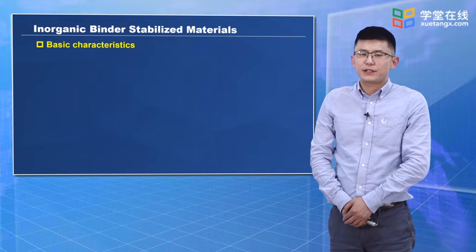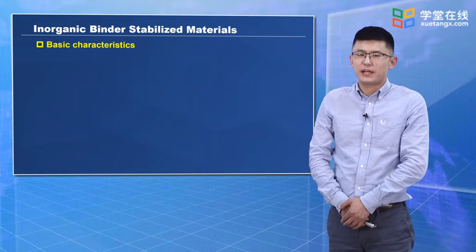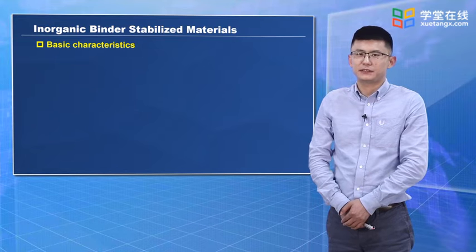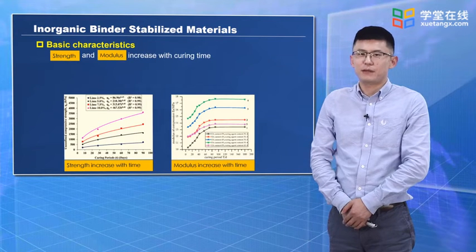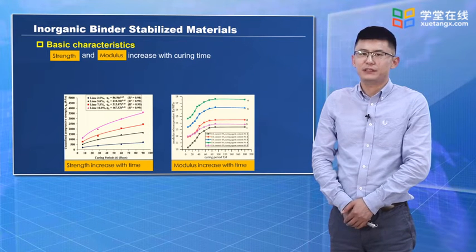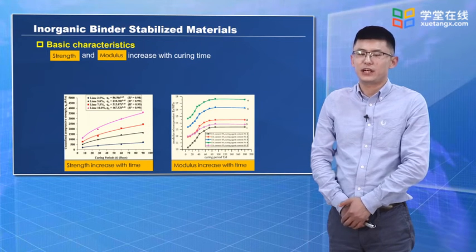About the inorganic binder stabilized materials, we have some basic characteristics. For example, the most important, the strength and the modulus. Generally, these two parameters increase with the curing time.